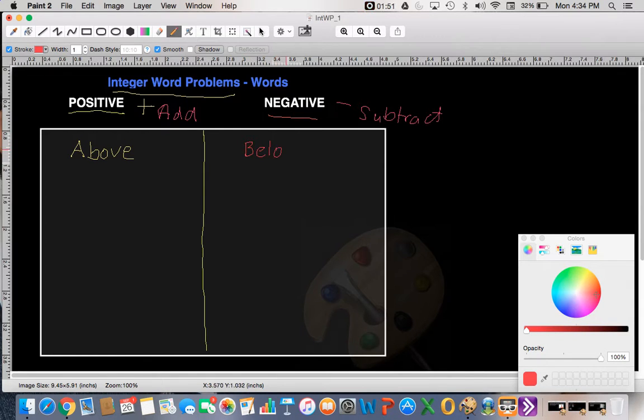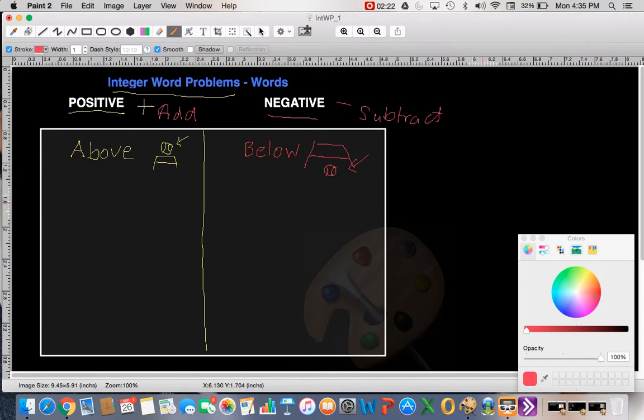So how can I draw this? Let's say this is your table. The ball is above the table. If you're talking about below, the ball is below the table.